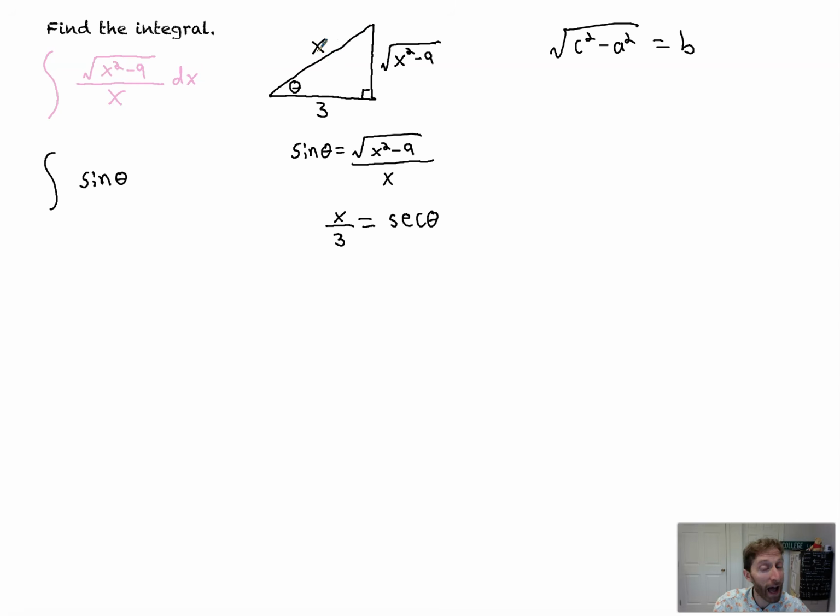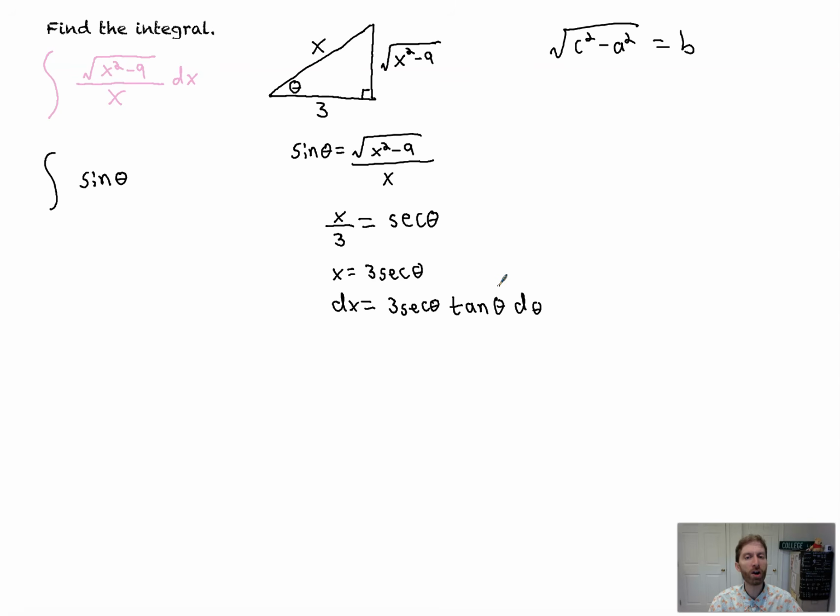Let's get the x on top to find that derivative. That would be the hypotenuse over the adjacent, that's secant. So x is equal to 3 secant theta. So dx, when we take a derivative of both sides, is equal to 3 secant theta tangent theta. Oh my goodness, right? Because that's the derivative of secant theta. So not so bad right there.